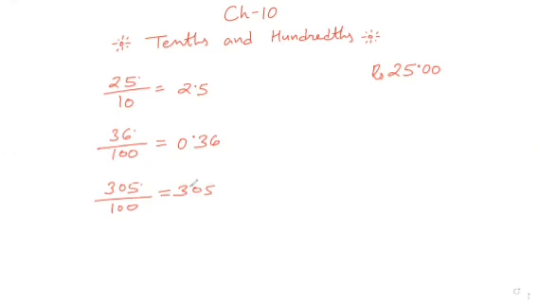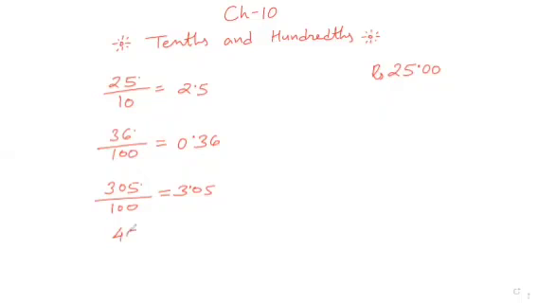See, after the decimal, when we read any number, we read the digits singly. For example, 0.36 we will not say as zero point thirty-six. Otherwise, it is not according to the decimal rule. We read single digits: zero point three six. This is the correct way to read it. And this will be 3.05.